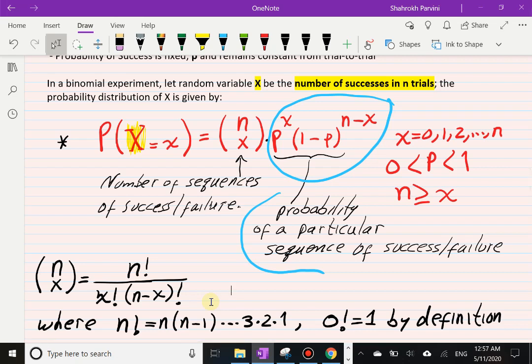So that's how the formula is put together.